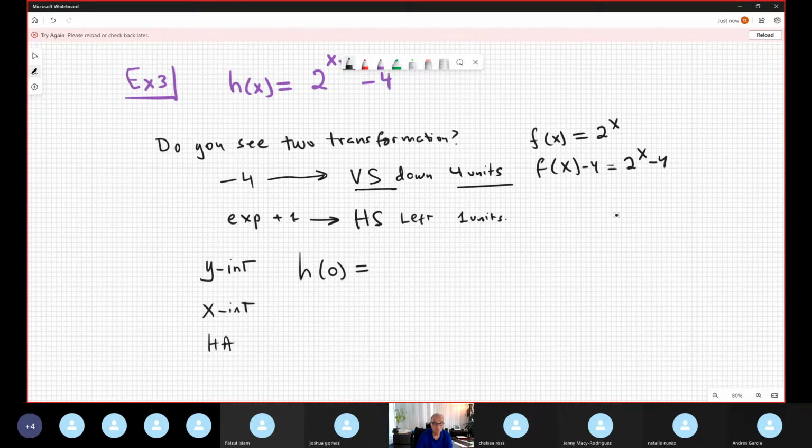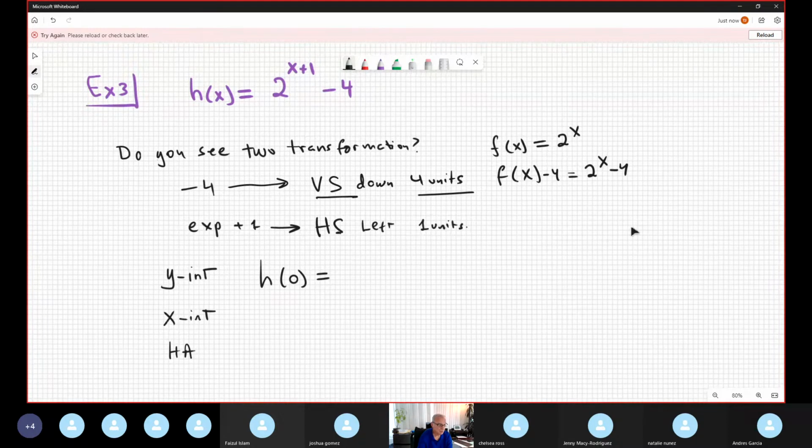Okay, it's the formula. And the function at 0 is 2 to the 0 plus 1, -4, no? It is 2 minus 4, which is -2. Okay, that's the famous point, the point 0, -2. You plot this point. Okay, now I'm going to find the x-intercept. You know the formula. The formula is h of x equal to 0.